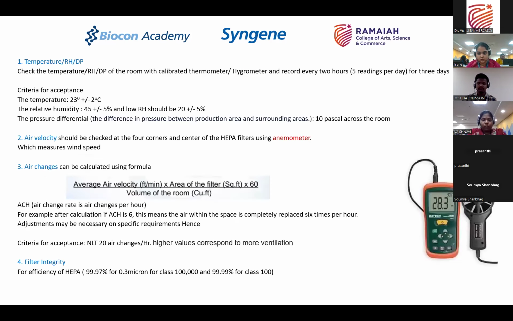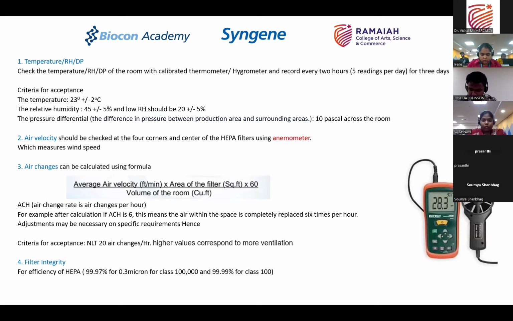So we have seen the acceptable range of temperature and relative humidity, as well as the differential pressure. Then the air changes in the different areas, the air change rate, depending upon which specific adjustments have to be made. Then the filter integrity.